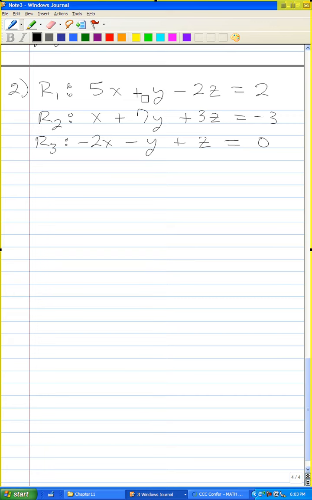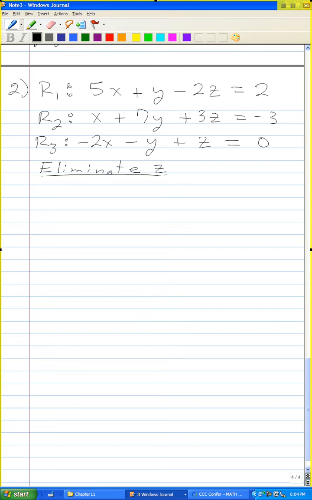A 1 and a 7, well, I can eliminate the 1 easy. Unfortunately, 7 is kind of a big number. A 2 and a 3, again, so either eliminate the y or eliminate the z. And so in this case, it'll probably be slightly easier if you eliminate z. So I'll eliminate z.